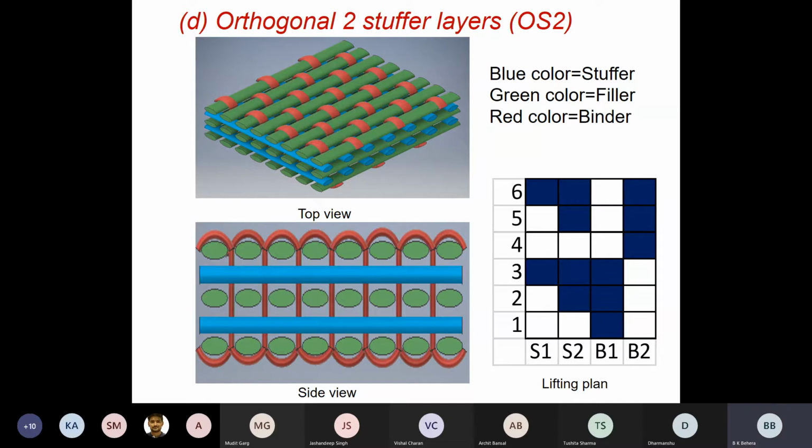Weave design decides the crimp. Weave design decides the float length. Weave design decides the number of interlacements per unit area. For example, in a plain woven fabric, the number of interlacements per unit area is the maximum. Twill will come next, and satin is the least. So weave design basically decides the number of interlacements per unit area.